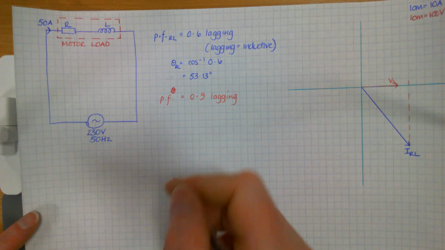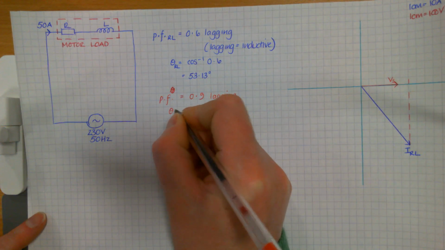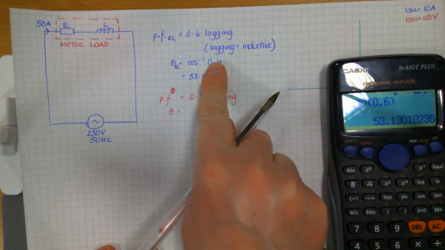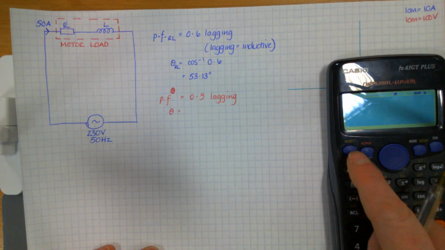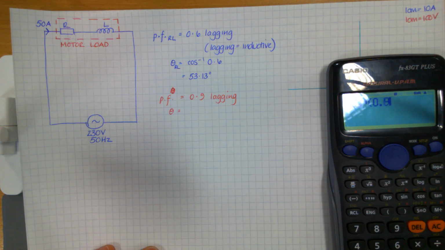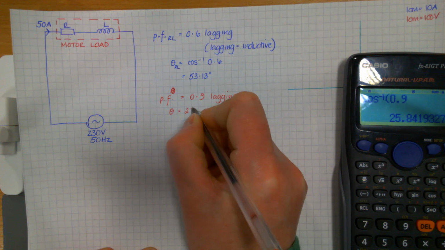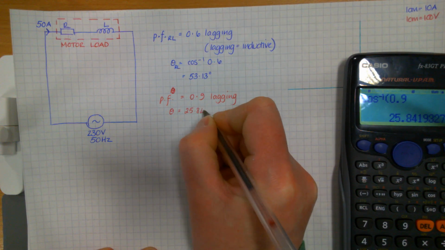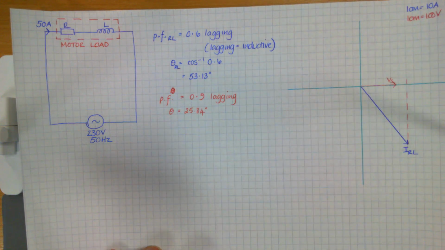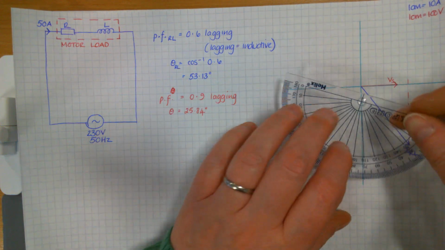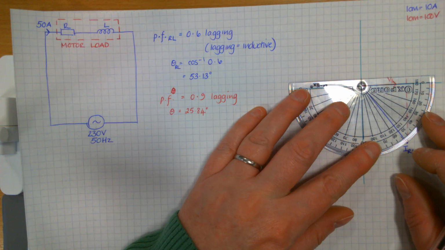So if it's 0.9 lagging, then the angle that associates with that, the same way as you did it up here, is 25.84 degrees. So it's 25.84 degrees in here.